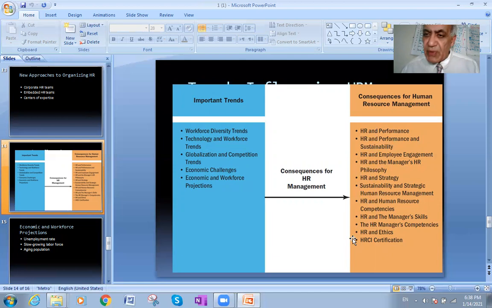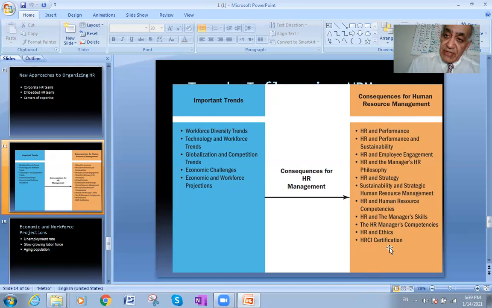The skills of the people working in human resource are affected by these variables. These variables affect human resource work, and the competencies, the ethics and the certifications.